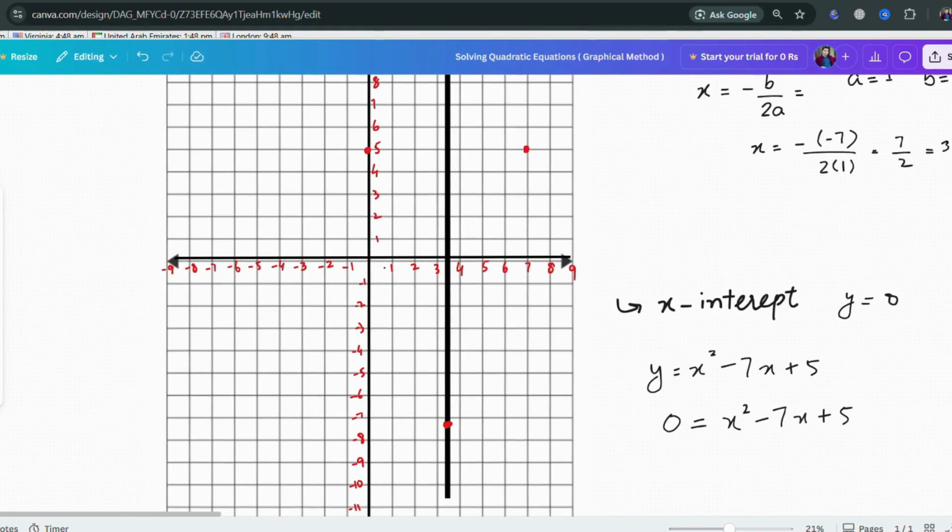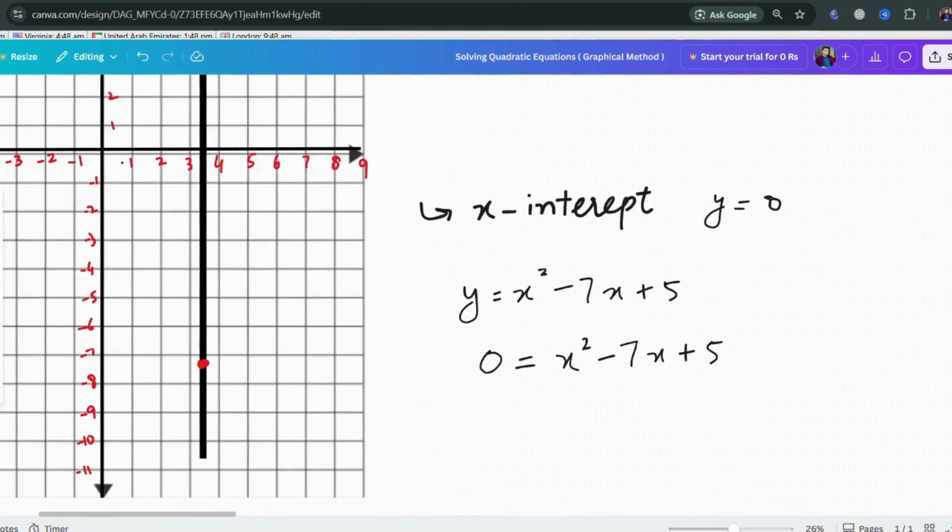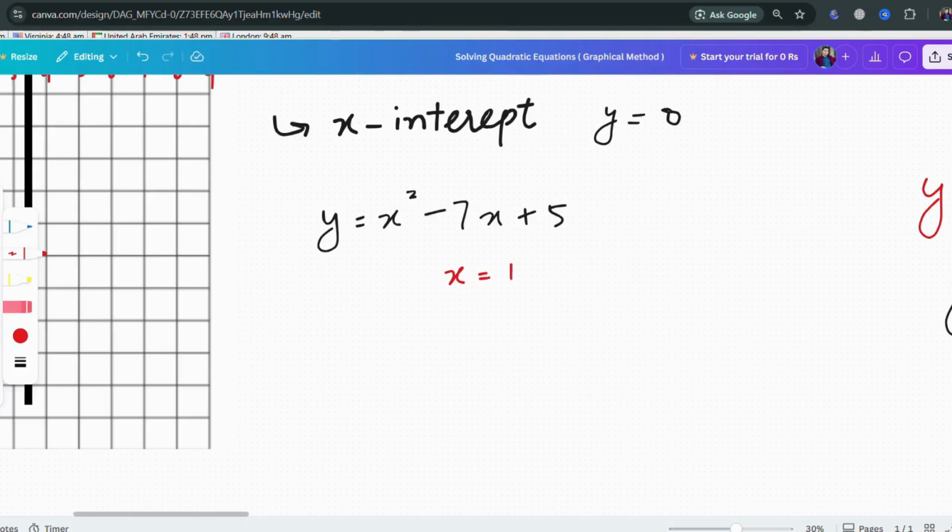Now I need to know where the parabola should pass through the x-axis. For this one, I would be putting the smallest possible value. Suppose I put x equals 1, to find out the x-intercept. So y is equivalent to 1 squared minus 7 into 1 plus 5, so y is 1 minus 7 plus 5.